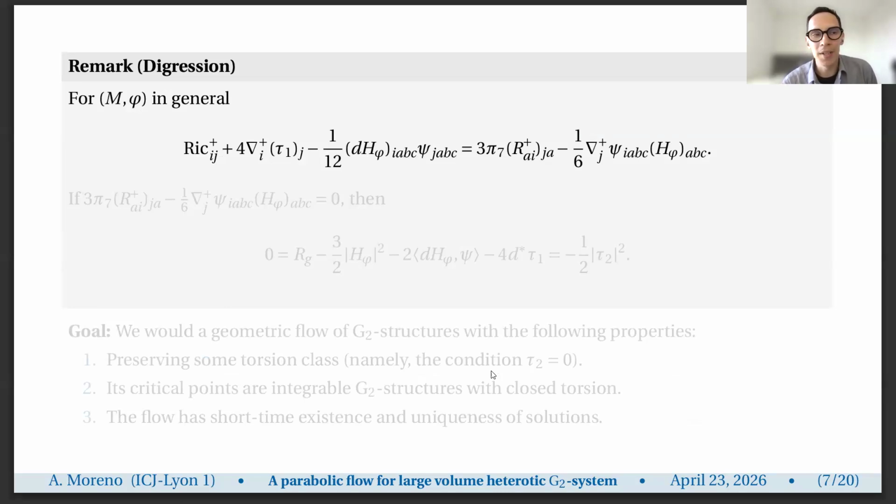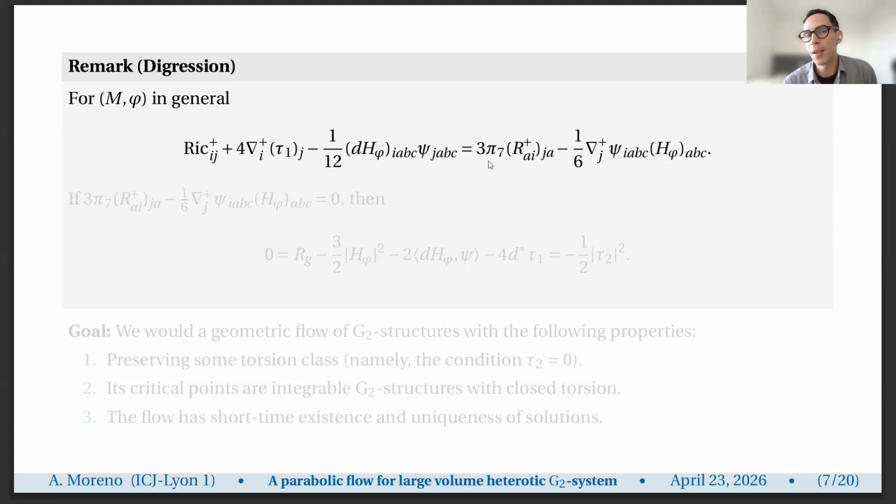And some digression, as I put here, some remark, which is not in our paper but was a discussion at some point with Mario, Jeff, and Alec: you can try to write some general relation for the Ricci tensor of Nabla+ and for dH phi, and look at the measure of these two quantities when the G2 structure is not integrable.